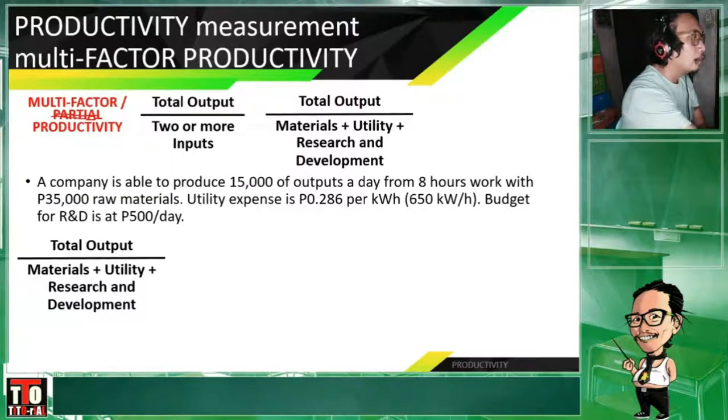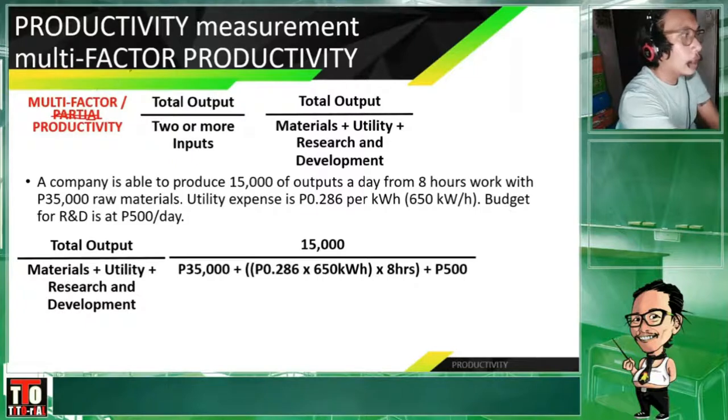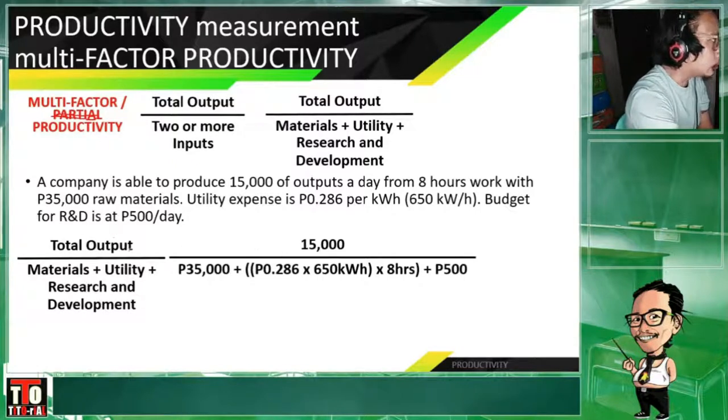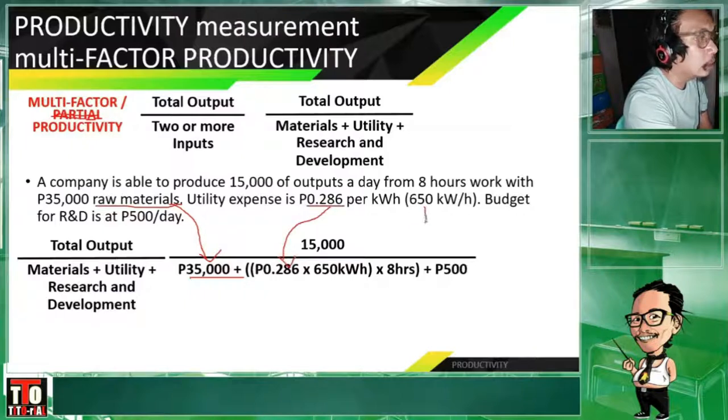Okay? Now, you have 15,000 total outputs. Then 35,000 worth of raw materials. These are your raw materials. Our utilities are 0.286 peso per hour and our total consumption of kilowatts an hour is 650. And then, since we use the electricity, for example, for 8 hours.